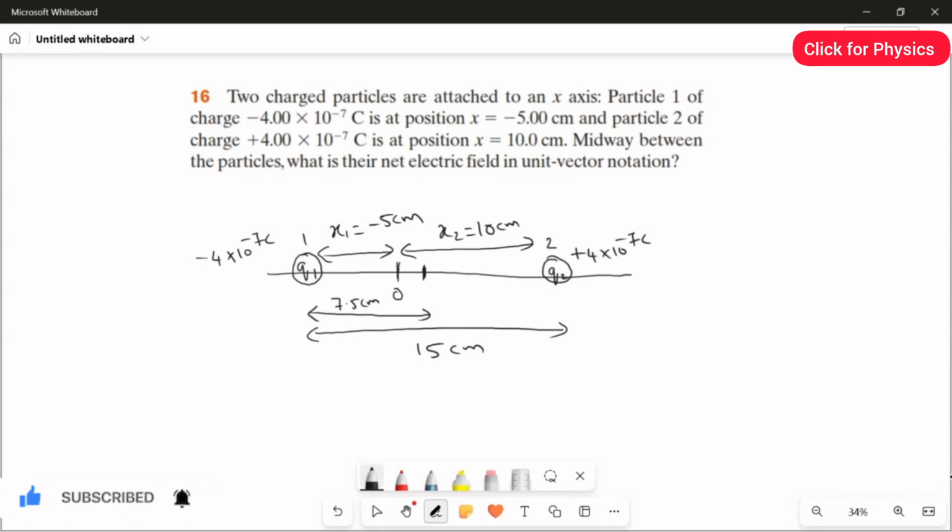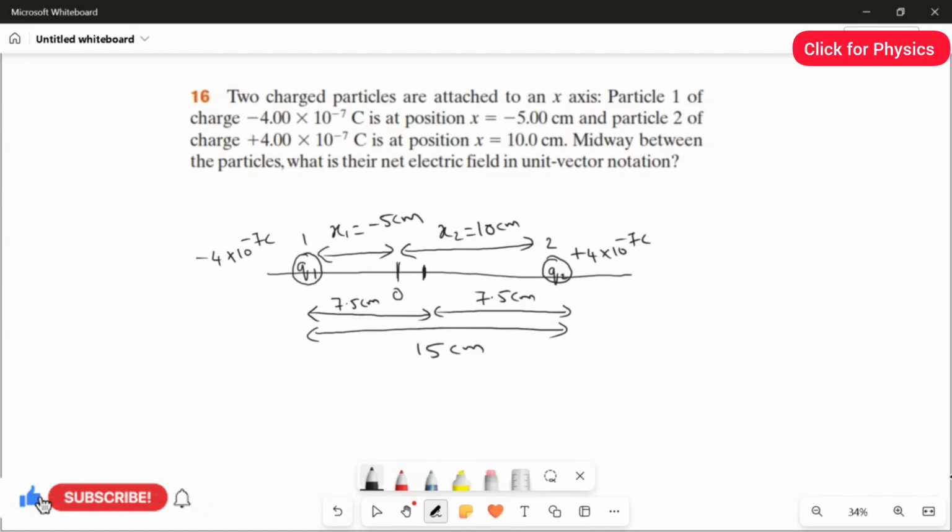From the midpoint to the first charge the distance is 7.5 centimeter, and the same 7.5 centimeter to the second charge.